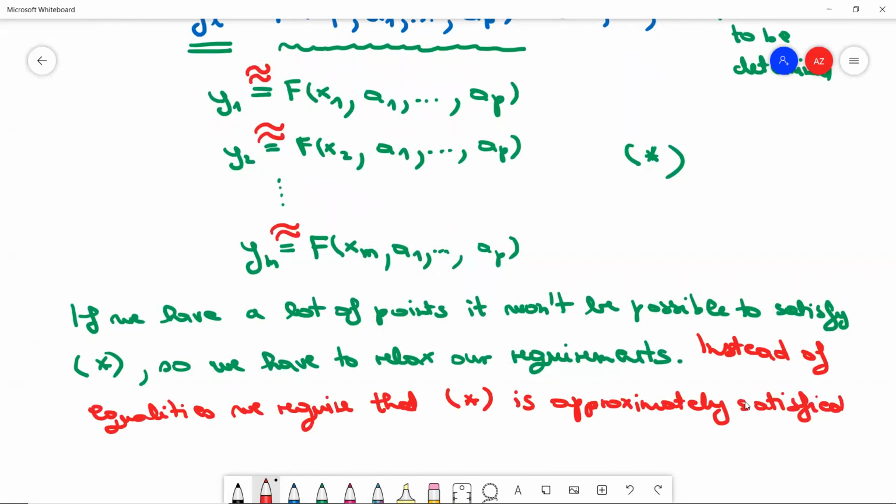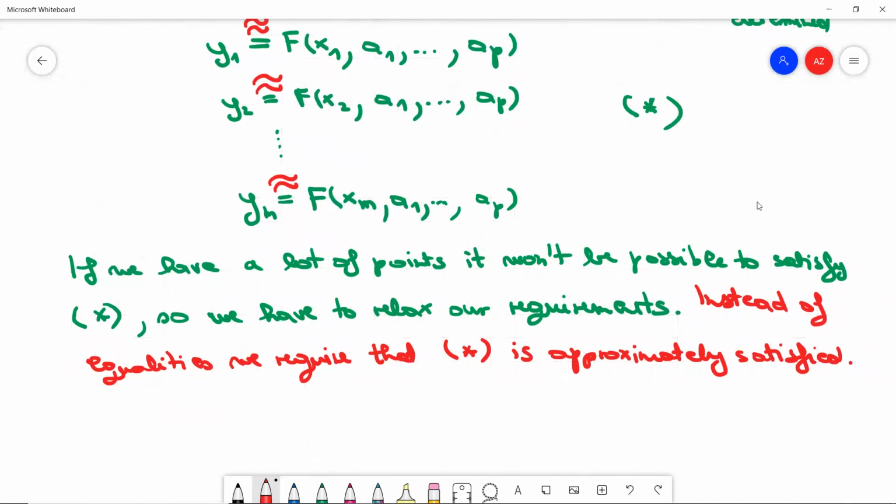And as we already mentioned in the first hour, this approximate satisfaction will refer to the least squares method.